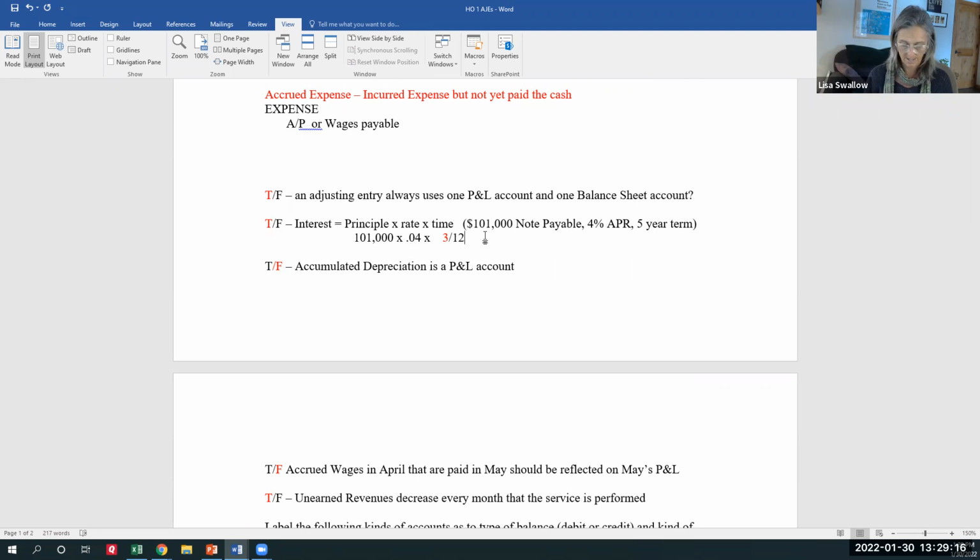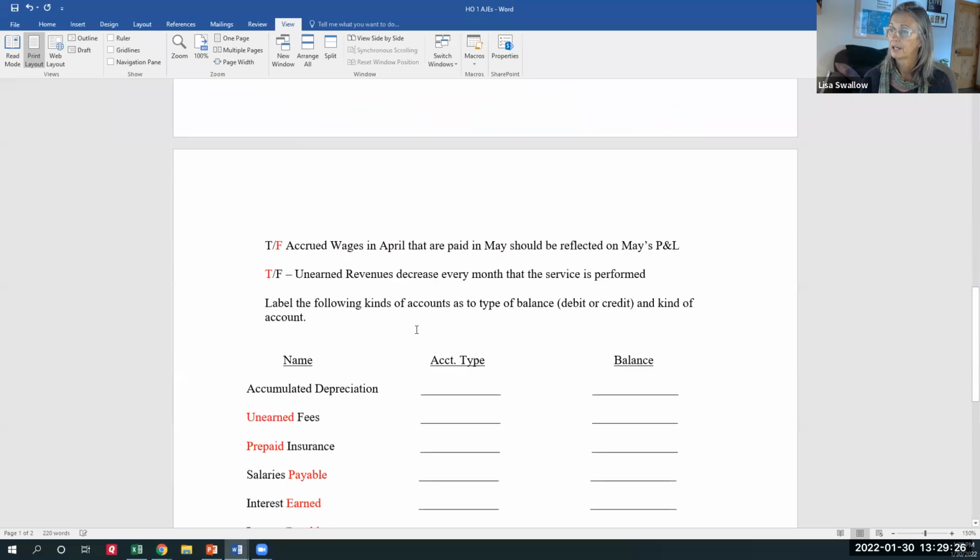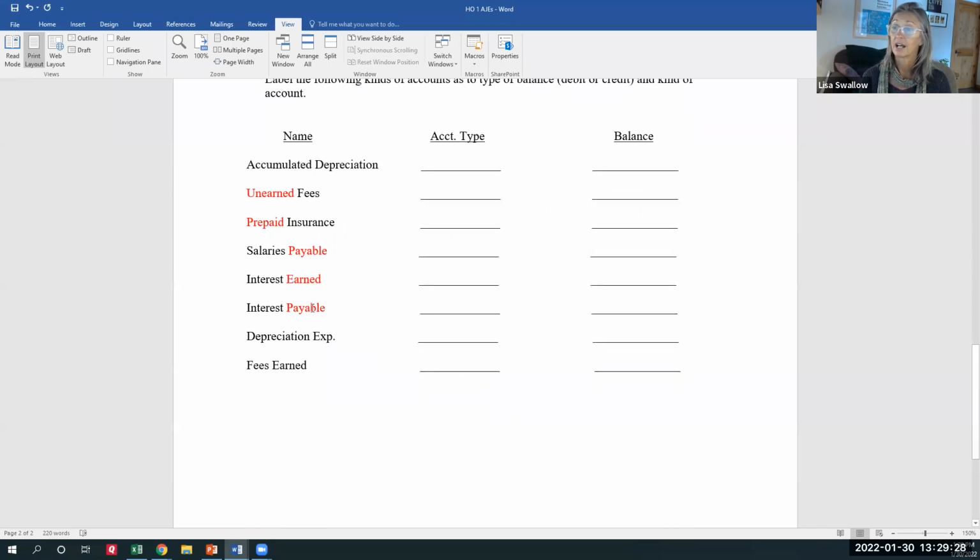I still owe them the note that I borrowed, and I owe them another $1,010 for interest payable. This is a liability account. It has a credit balance, and it goes on the balance sheet. So you've got the note payable itself, and now I've got some additional interest that I need to accrue. It's an accrued expense.